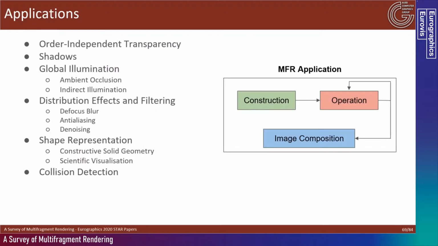In this last section, we identify some key application domains of MFR. If you recall, an application is actually a complete MFR pipeline. It essentially uses the information that has been stored inside an MFR data structure, and along with the set of operations that we already described, it produces the final image.